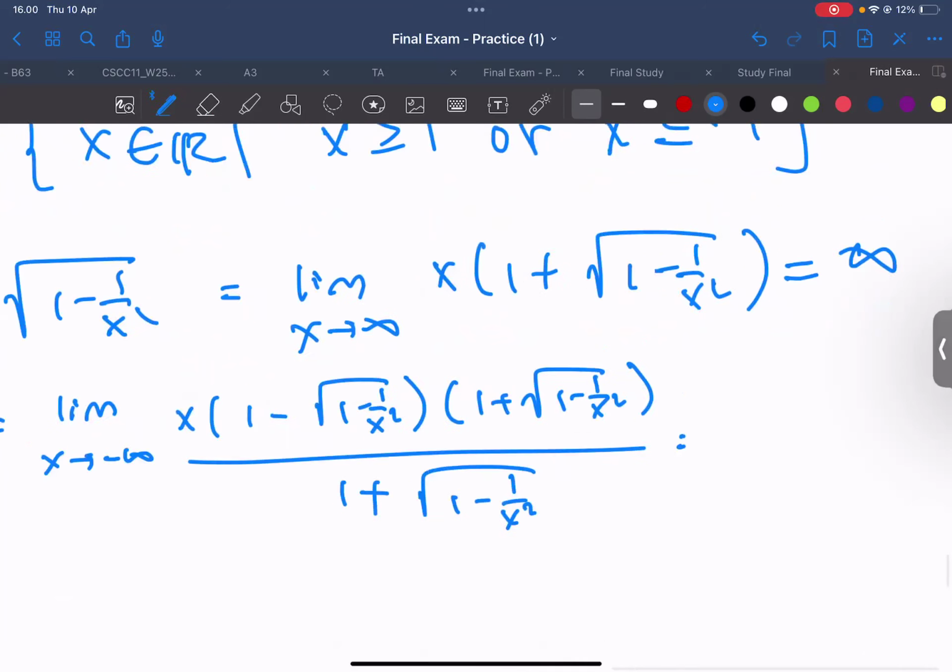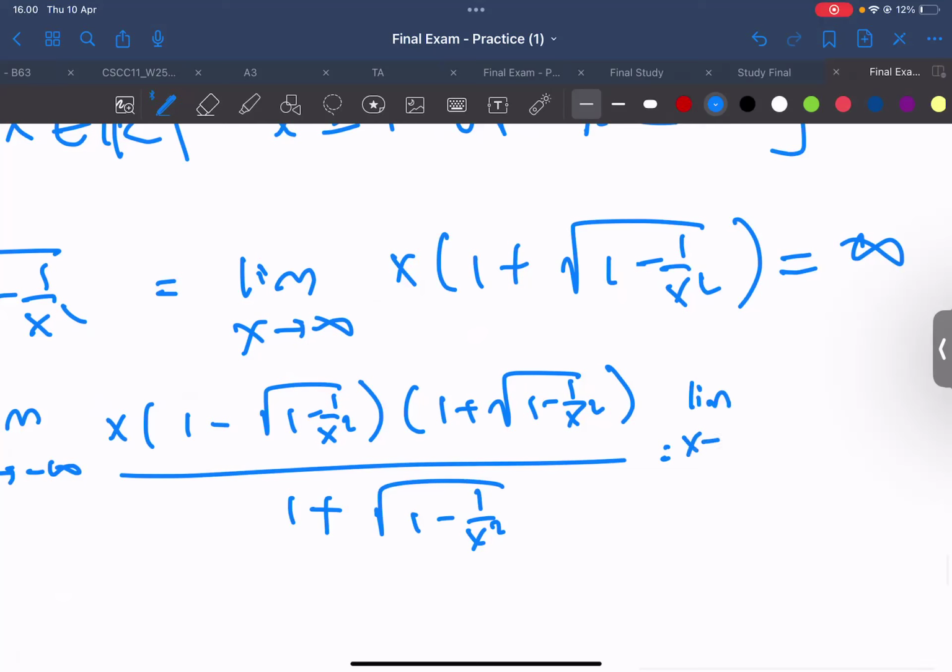And this will equal the limit of x approaching negative infinity of x times 1 minus 1 over x squared over 1 plus the square root of 1 minus 1 over x squared.